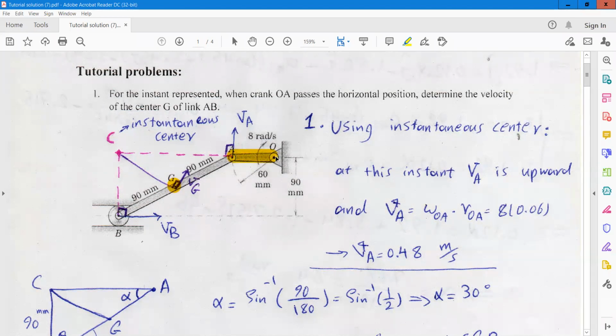So we can obtain the velocity of each point on this link because this is a pure rotation motion.